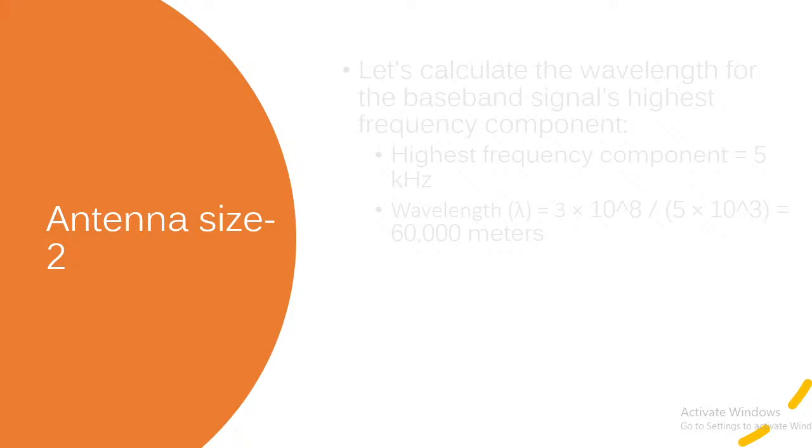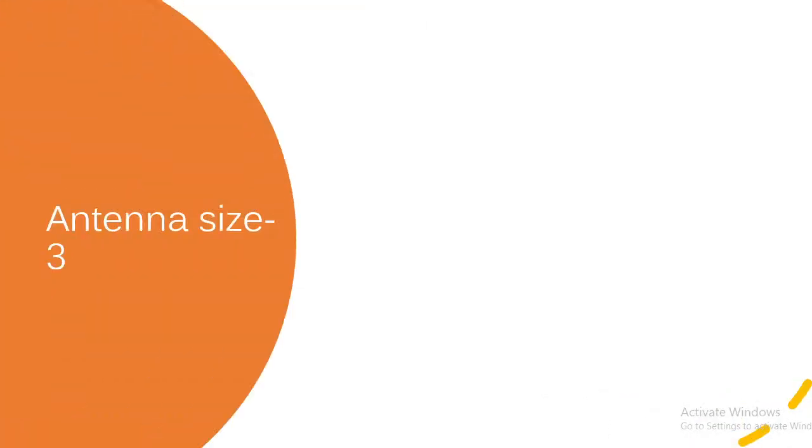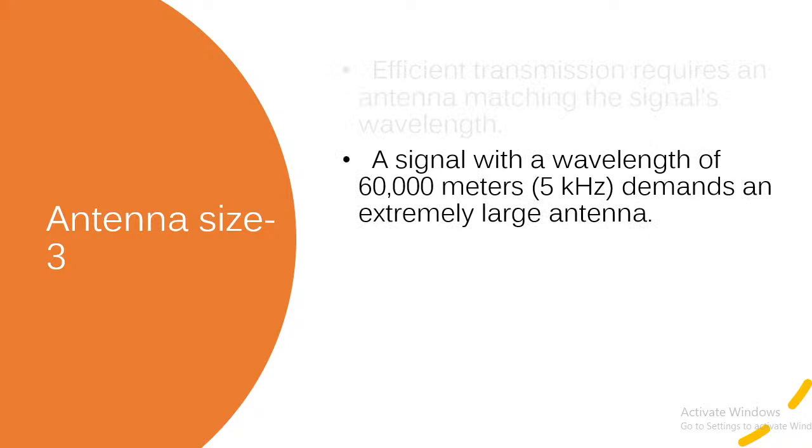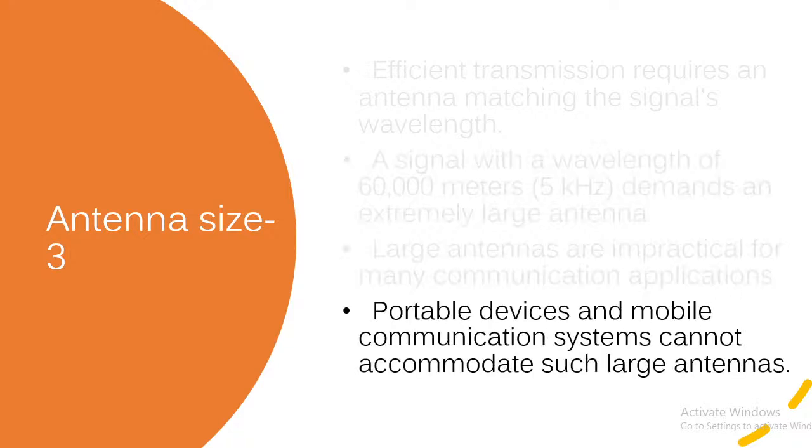That is not practical. Such an antenna is not practical. Efficient transmission requires an antenna matching the signal's wavelength, which is 60 kilometers, and that is not practical in this case. You cannot put such an antenna anywhere.